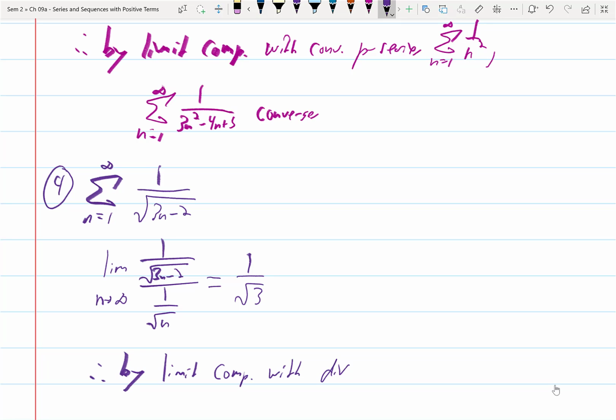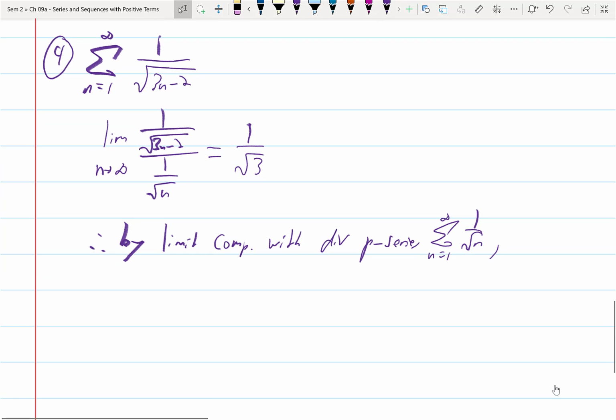So between 0 and 1 for P series, that's the divergent one. With divergent P series, the sum from n equals 1 to infinity of 1 over root n, we know that the sum from n equals 1 to infinity of 1 over root 3n minus 2 diverges.